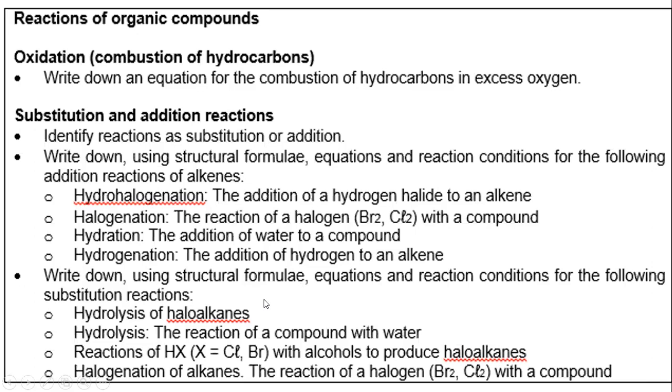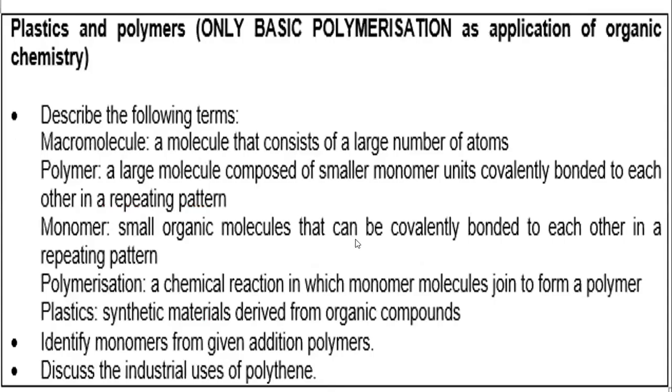And lastly, we also looked at substitution reactions that alkanes undergo, and in particular we looked at how substitution occurs when these alkanes react with halogens. More specifically, we dealt with bromine as well as chlorine gas, Cl2. So that is essentially what we looked at during the course of the week.